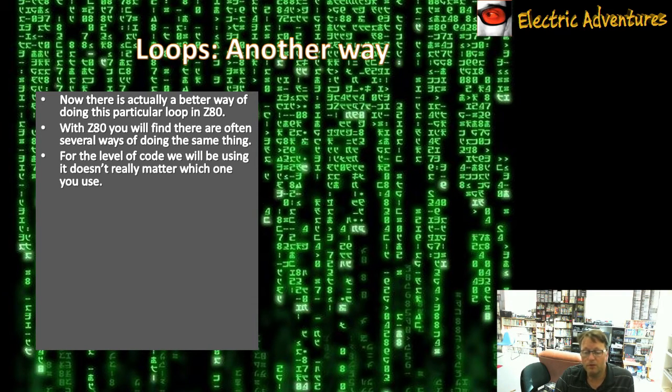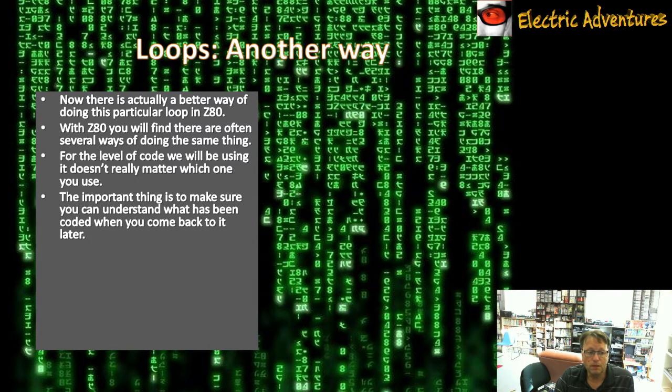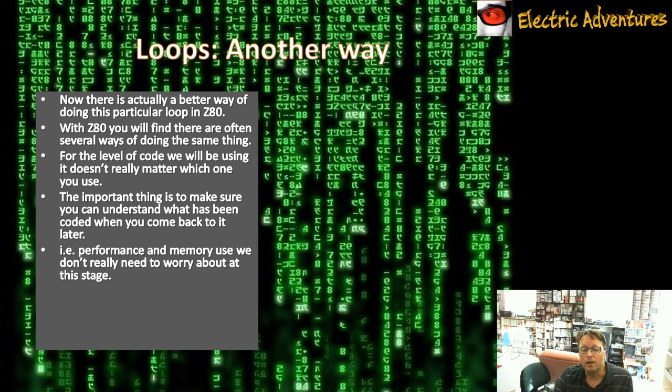For what we're doing here, it doesn't really matter which one you choose to use. I'll probably use this particular instruction I'm about to demonstrate a fair bit in my code though, because it's quite useful. But the most important thing when you're writing any sort of code, whether it's in assembly language or in other languages, is to make sure that you can understand what the code does the next time you come back and read it, or when somebody else needs to have a look at it. Performance and memory use don't really matter in the particular game we're looking at.